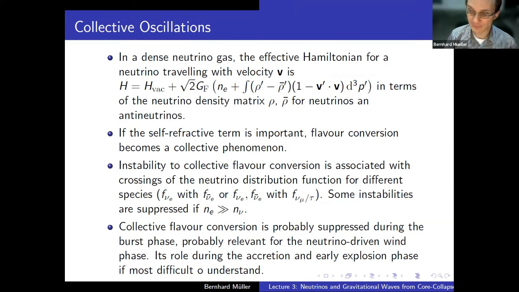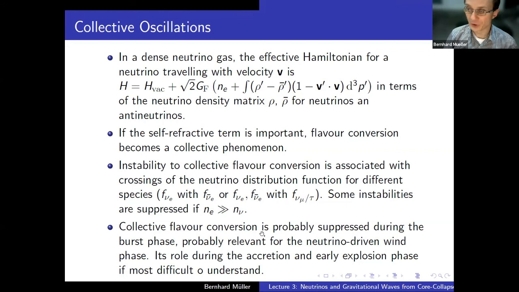It's probably relatively safe to say that the burst phase will be unaffected, so this phase around bounce. And what happens during the accretion phase is a bit more difficult to tell.